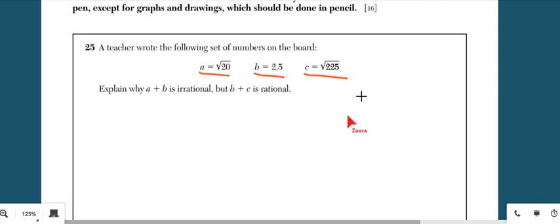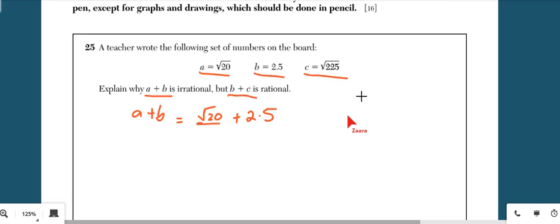Our target is to explain why a plus b is irrational, and b plus c is rational. So what is a plus b? A plus b equals root 20 plus 2.5.